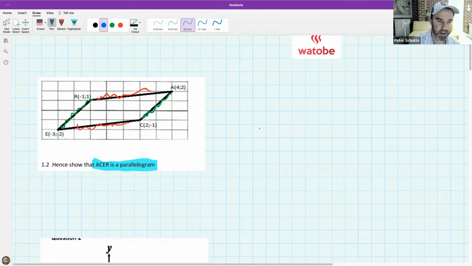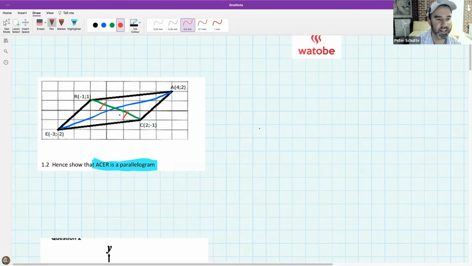What I would say, guys, is if you're in an exam and you're stuck and you don't know any other way, do it with gradients, not a problem at all. But the quickest way to prove something's a parallelogram is to prove that the diagonals bisect each other. If you look at this, you can clearly see the diagonals are not the same length, but they don't need to be equal length to bisect. Bisect means they cut each other in half.